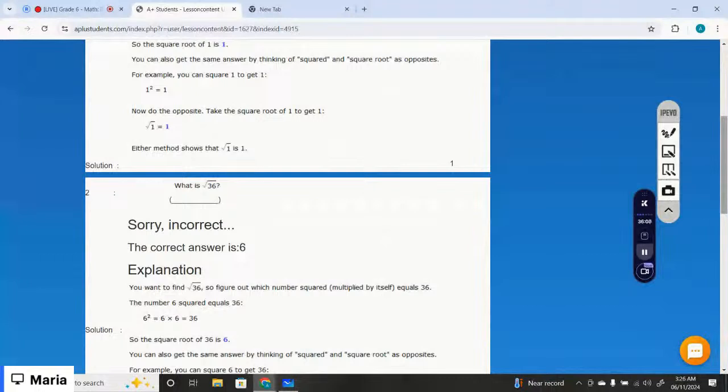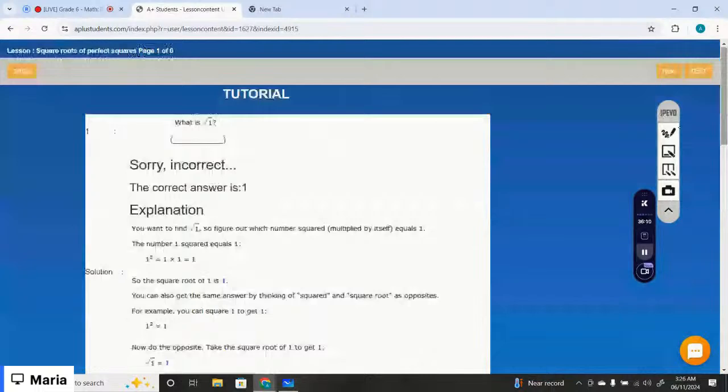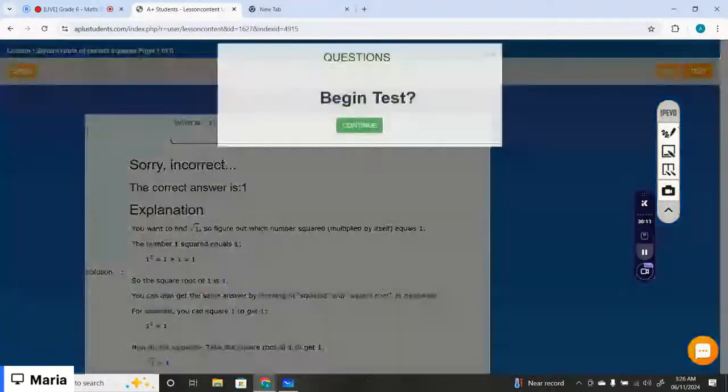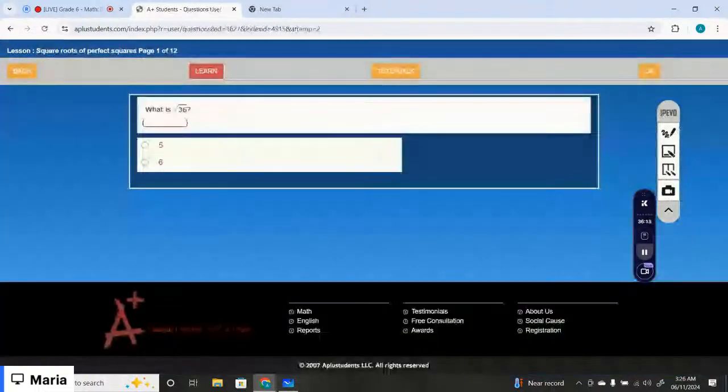Let's just start with the test questions. Square root 36, which is the correct option? Which number when multiplied by itself makes 36?